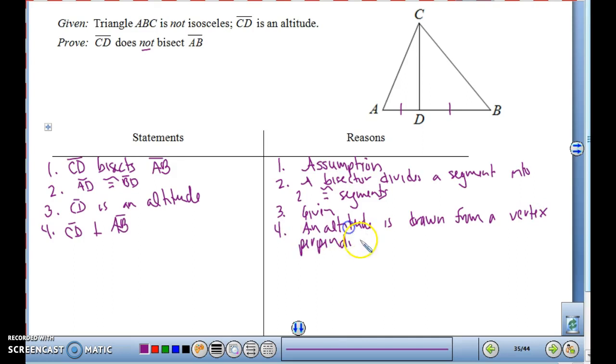That means these two angles are right angles that are congruent.